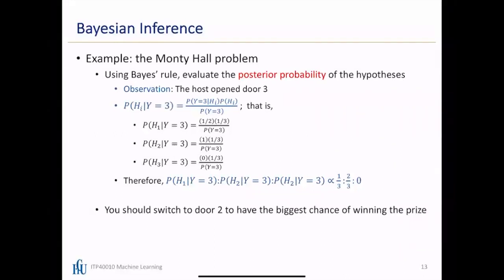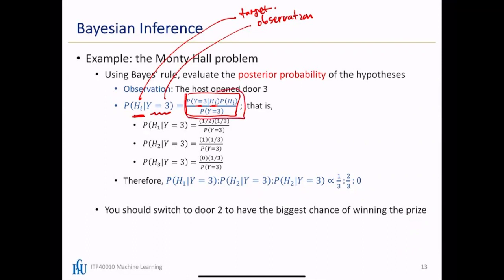We want to model the posterior probability of where the prize is, and this is the observation: the game host opened door number 3, and this is my target. This conditional probability can be expanded as the right-hand side: the probability of the game host opening door number 3 given the location of the prize.